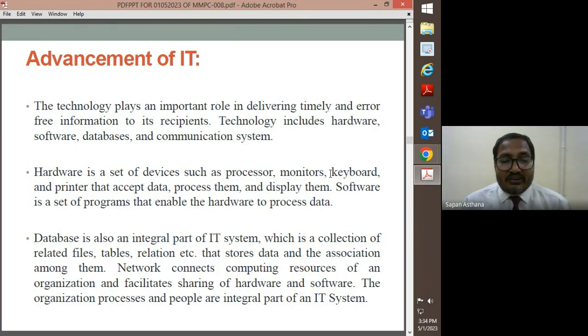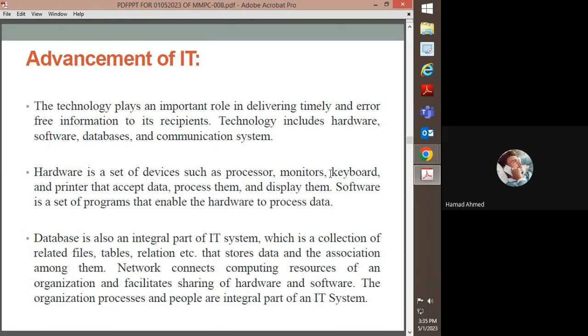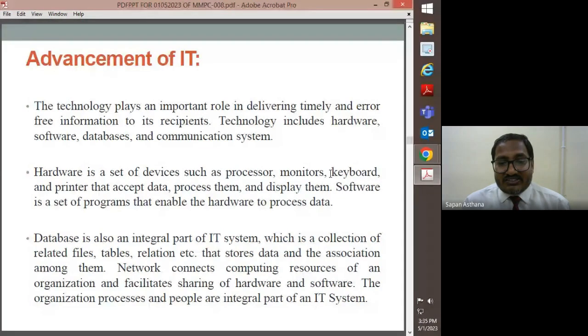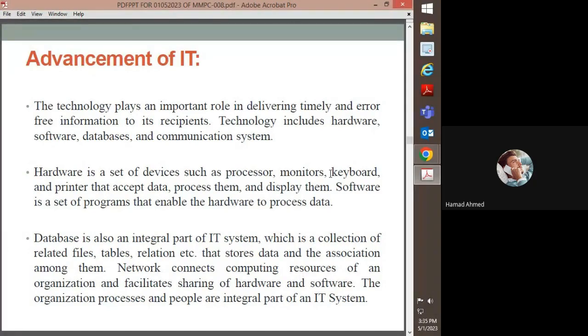Database is also an integral part of the information technology system, which is a collection of related files, tables, relations, etc. that store data and the associations among them. Network connects computing resources of an organization and facilitates sharing of hardware and software. The organization, process, and people are an integral part of the information system.